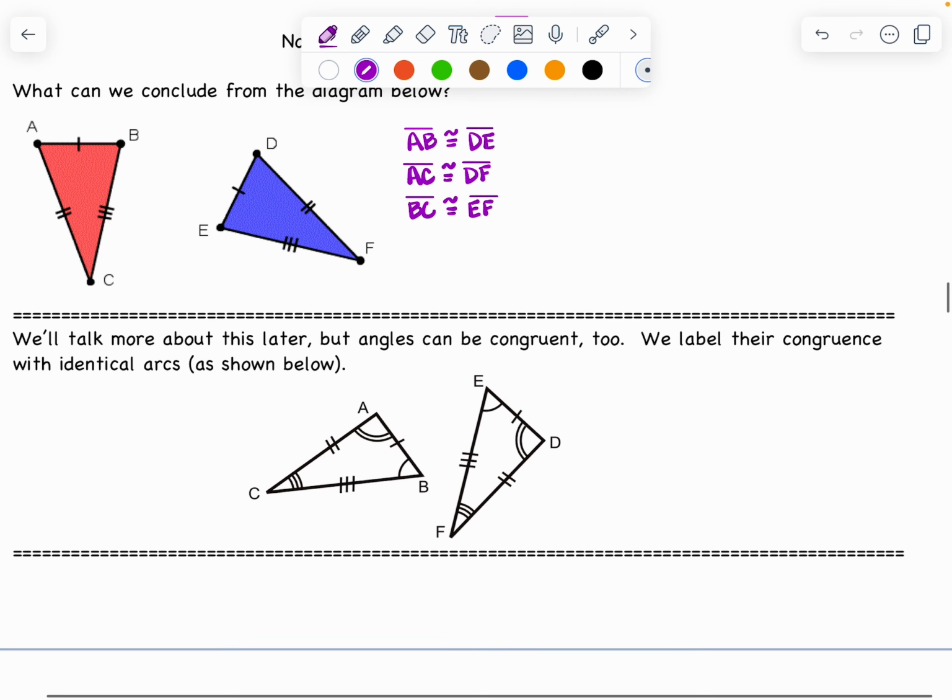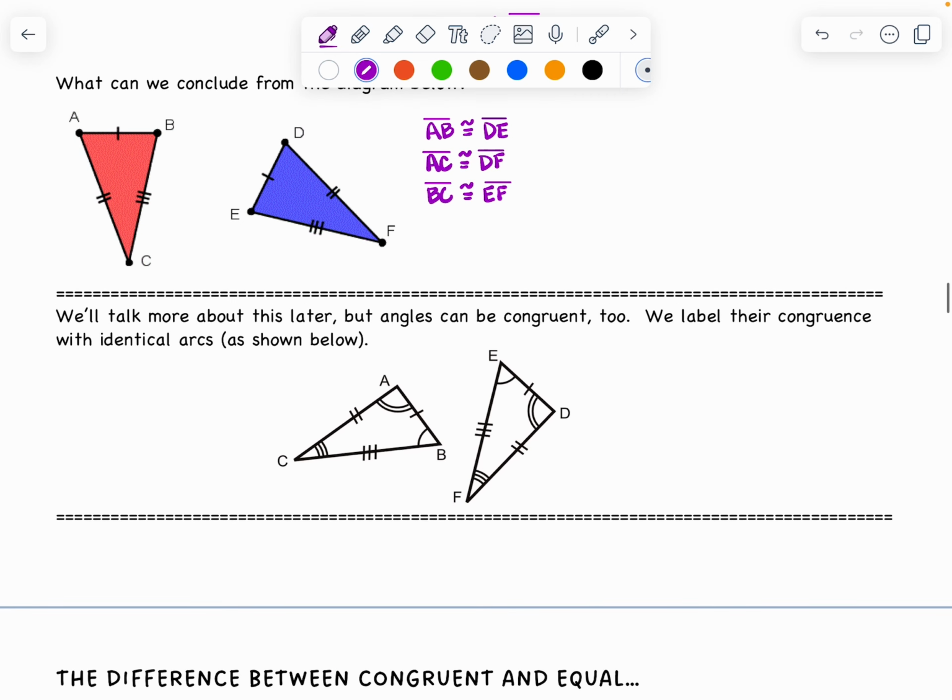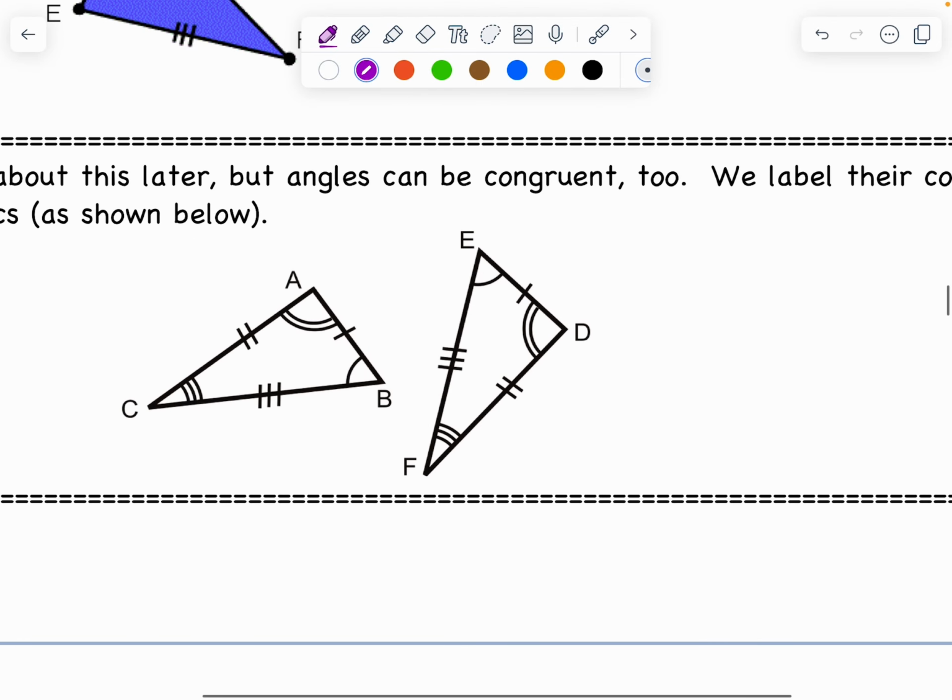We're not talking about angles yet. We'll talk about those in a few days. But just to let you know, angles can be congruent too, right? And so we kind of do the same thing with angles, except instead of tick marks, we use arcs, right? So you can see, hopefully, let me circle, like right here, angle B has a single arc inside of it. So if I go find the angle E over here that also has a single arc, that tells me that those 2 angles are congruent to each other.